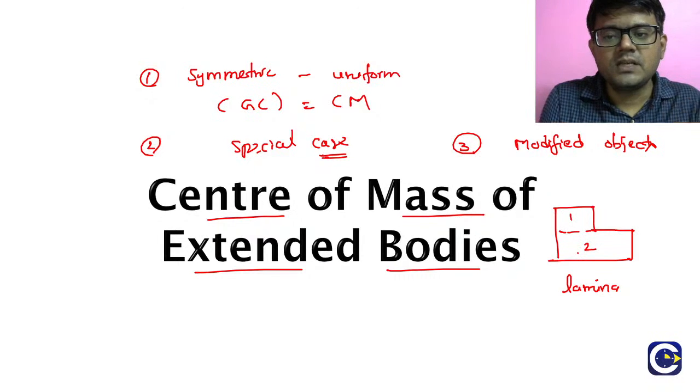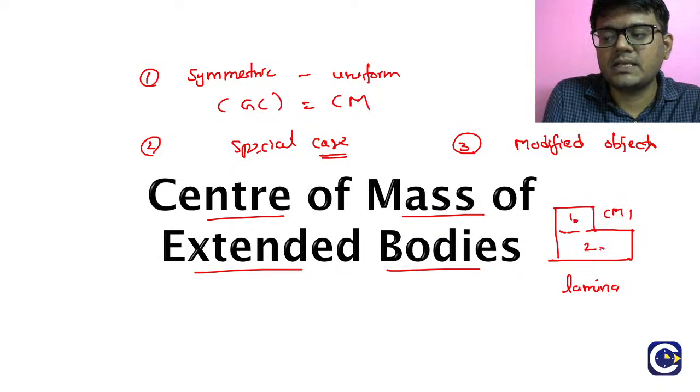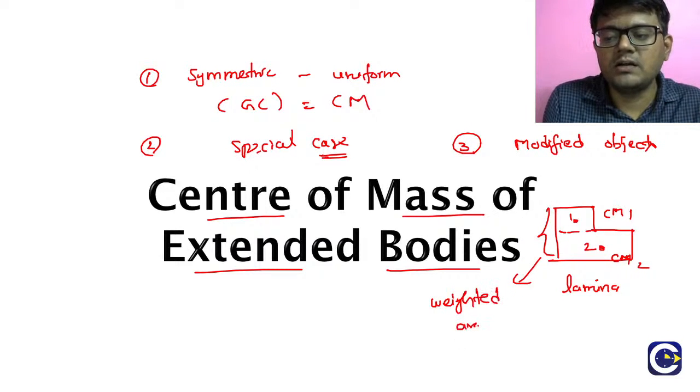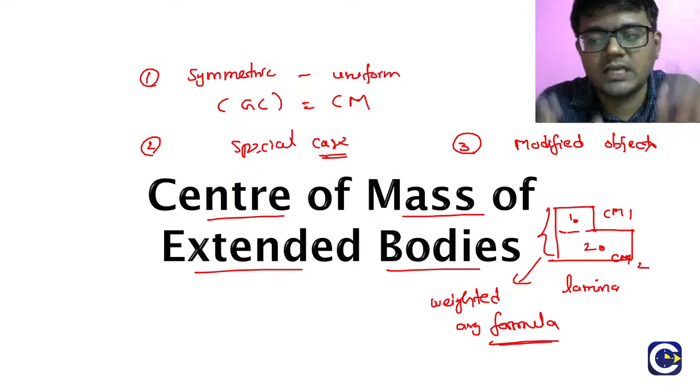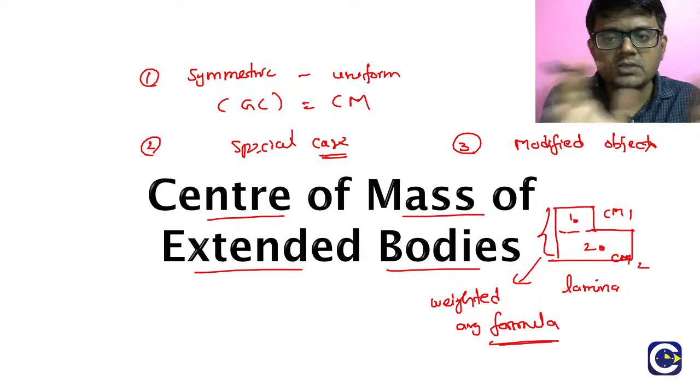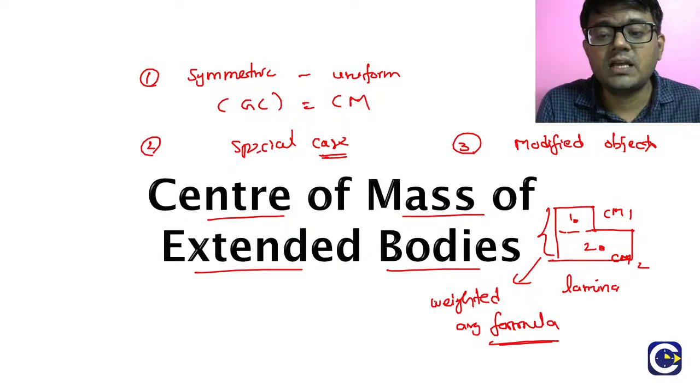So we will find the center of mass of the first symmetric part and the center of mass location for the second symmetric part. For these two centers of mass, we will take the weighted average formula. Using that, we will be able to find the location of the overall center of mass of the given object. This is what we have seen in the case of the center of mass of extended bodies.